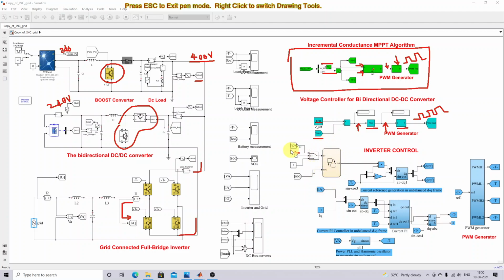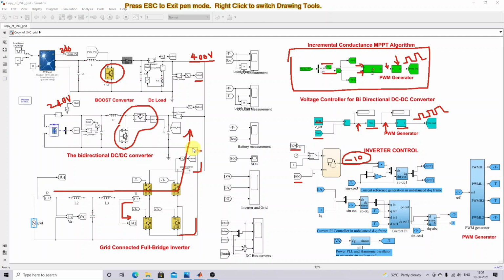So based upon PV power and SOC, as I already told, if PV power is less than 100 watts and the SOC is less than 10 percent, then I reference equals minus, okay, it will take a negative value. Here we fixed it at minus 10. So minus 10 means the grid is going to supply power to this DC microgrid.